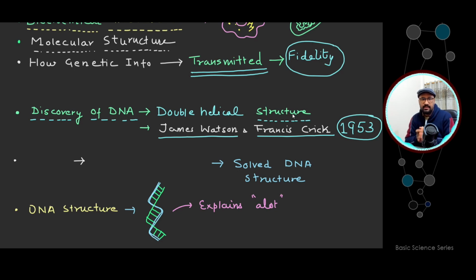James Watson and Francis Crick in 1953 solved the structure of the DNA molecule, and they found out that it is double helical in nature. Double helical means you have one helix and then a second helix of the DNA molecule, and we know that you have different base pairs. They are interacting, forming hydrogen bonds with each other, and this is how the DNA molecule looks. Okay, so this is also clear.